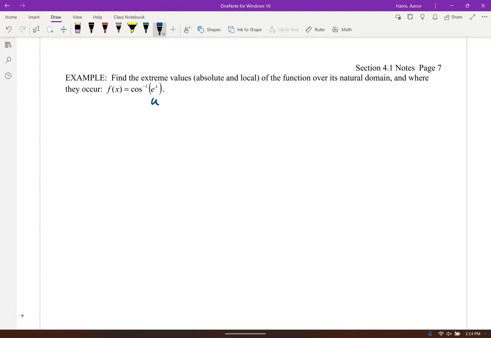And if you remember, when y is arc cosine of u, then y prime was -1 over the square root of 1 minus u squared, times u prime. That was our rule, okay?